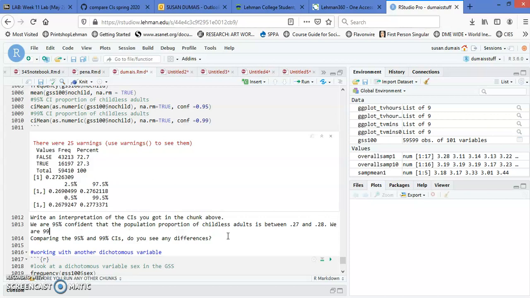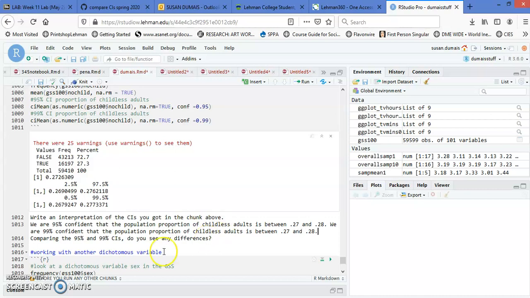We are 99% confident that the population proportion of childless adults is between 0.27 and 0.28.